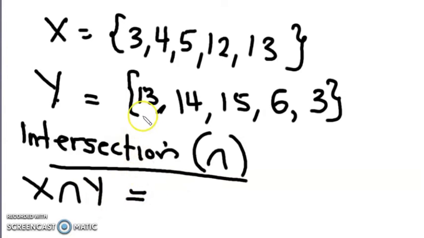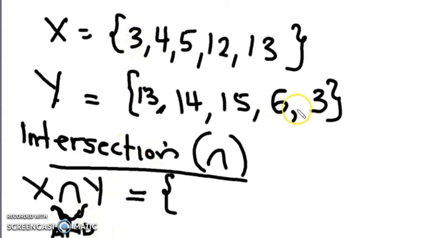So if you see an element in set X and you see the same element in set Y, then we write it in their intersection. And just like many others, the intersection could be replaced with the word "and". So X and Y, meaning that the elements are in both sets.